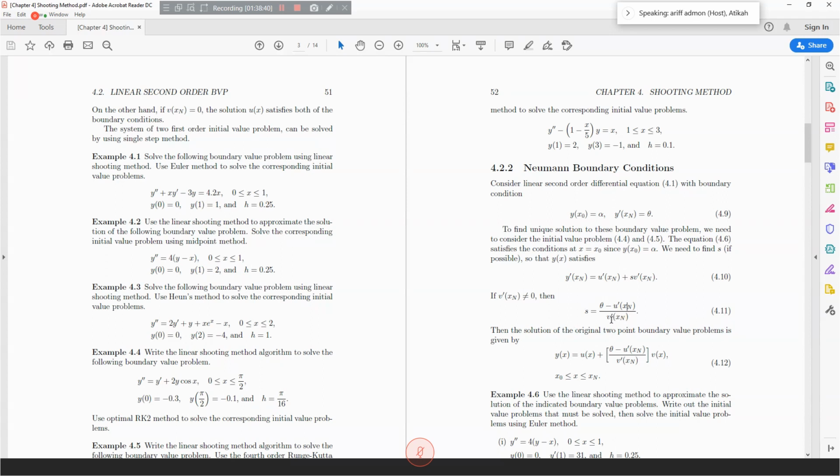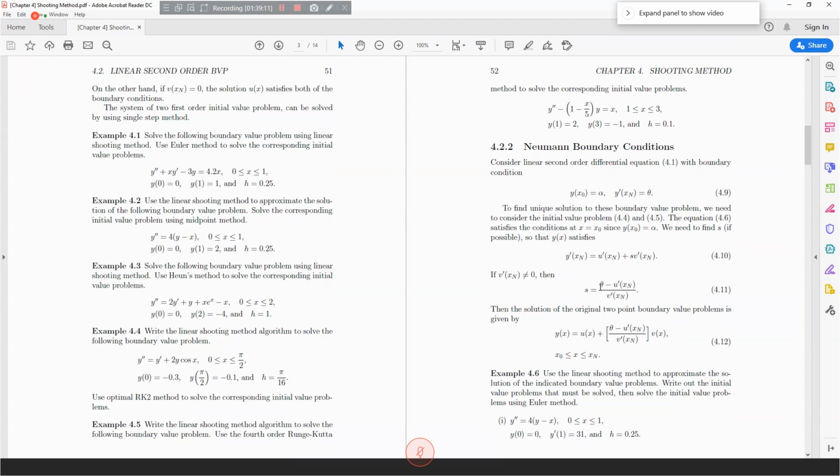If n is 4, that is w(x4) or simply w4. Previously in the Dirichlet case we were not calculating until w4. Now for the Neumann boundary condition, you have to finish that calculation until w4, otherwise you cannot find the S value. Understand?